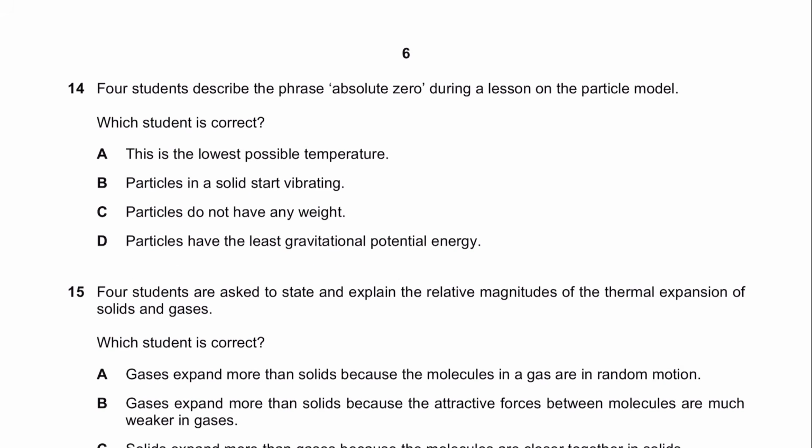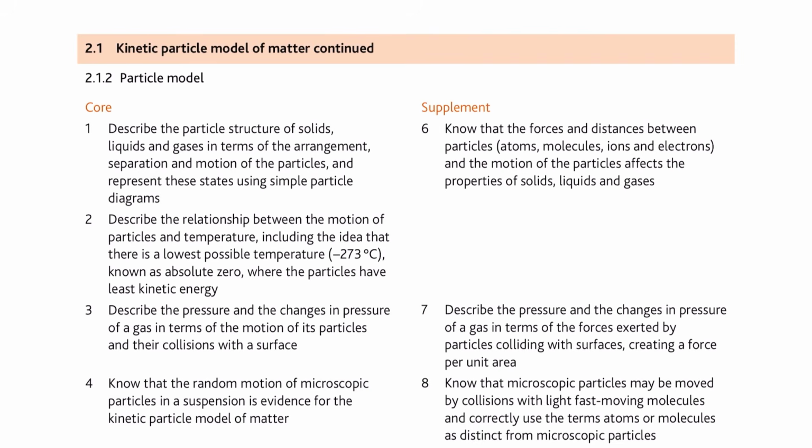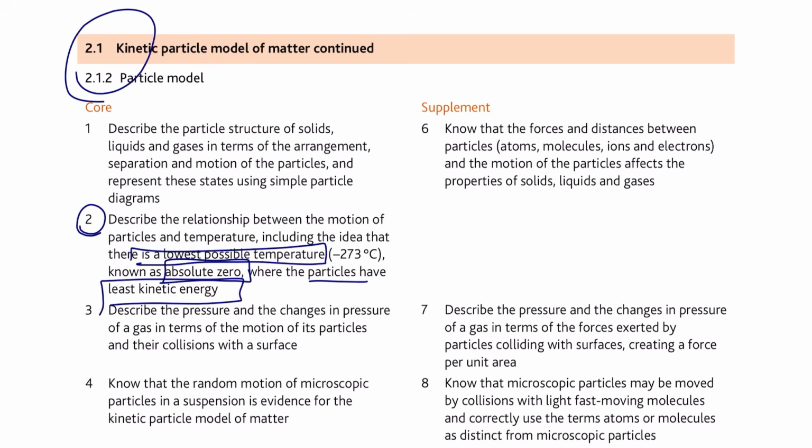Question 14. Four students describe the phrase absolute zero during a lesson on the particle model. Which student is correct? Again, refer to your course specification. Under your kinetic particle model, you will see that absolute zero means that this is the lowest possible temperature existing, and this is when the particles have the least kinetic energy.